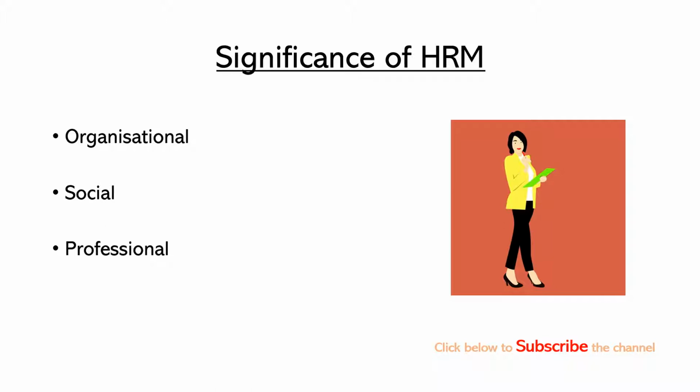You can provide him proper career planning, succession planning, and tell him what certification courses he has to undergo, what training, or what additional requirements he has to pursue to reach that CFO post. These needs can be catered to with the help of human resource management. That is professional significance: to make employees understand what skills are required to perform a job. Now it is all correlated. This will help to achieve organizational effectiveness and organizational goals.